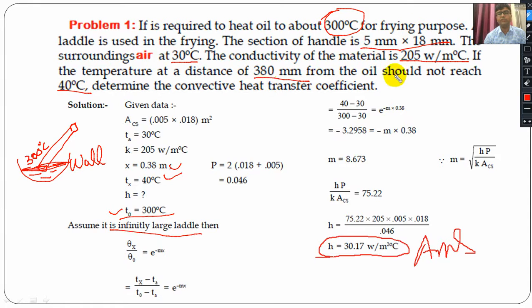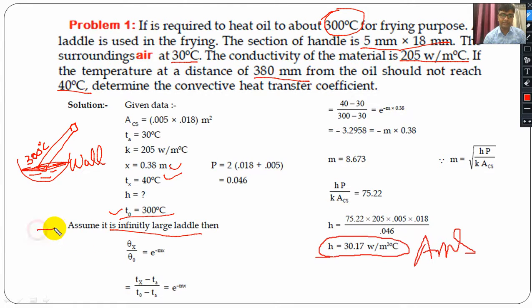Here the length of the fin is not given, but the distance is given. If you observe the 5 mm and 18 mm, but at some distance this is 380 mm, 380 mm is very high as compared to the 18 mm value. So you can say it's an infinitely long fin. But if you solve this problem as a finite fin, there is no issue.